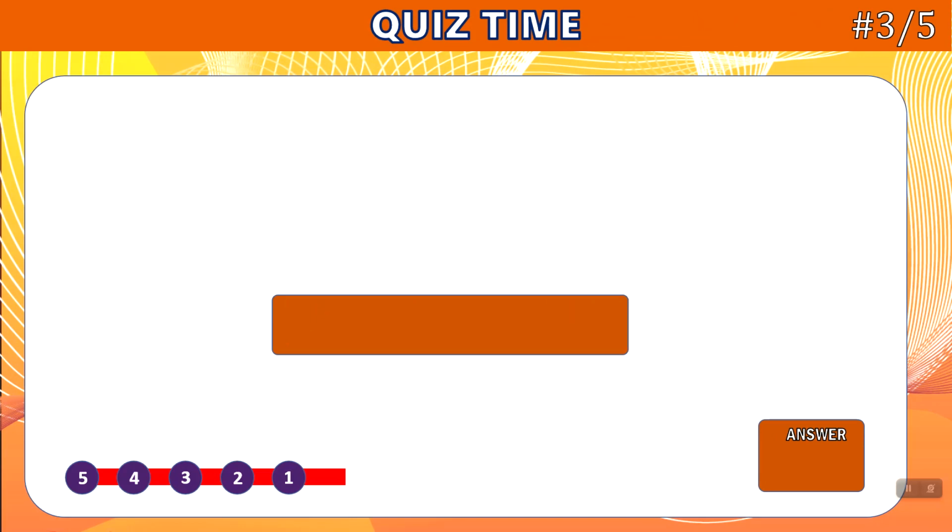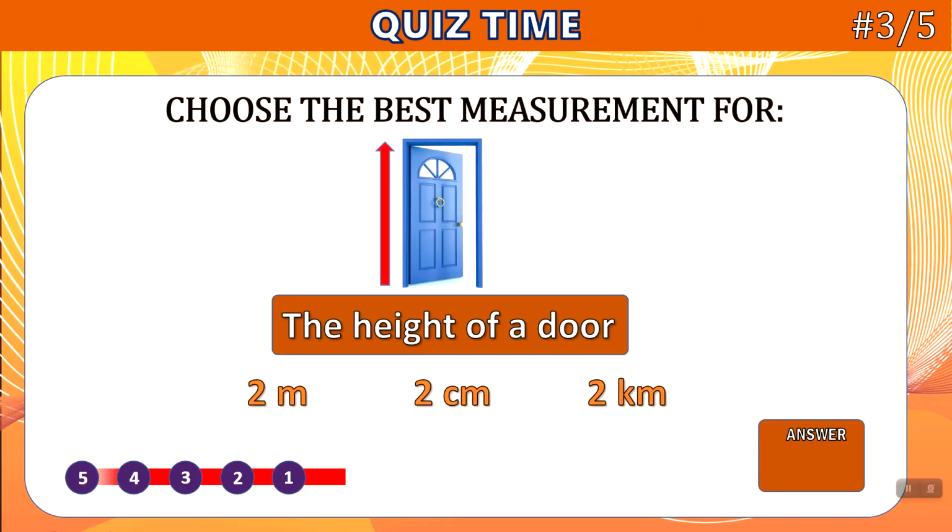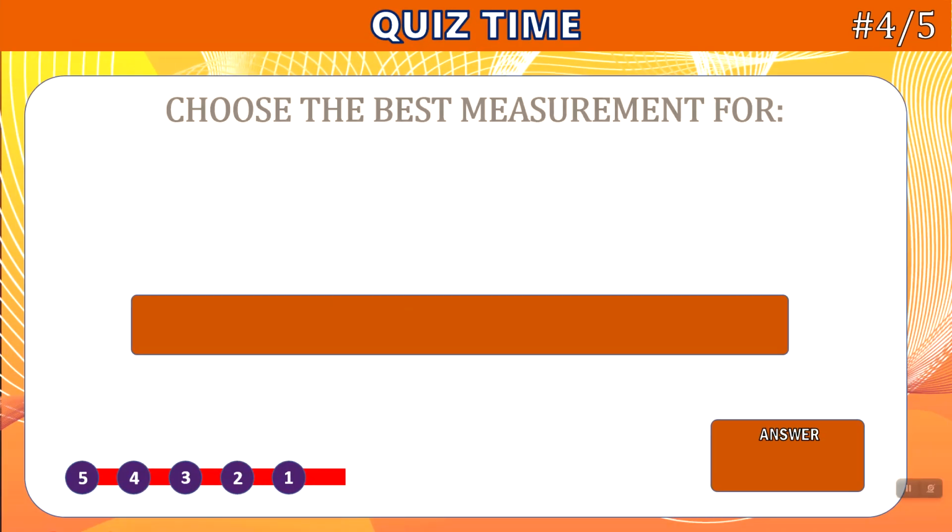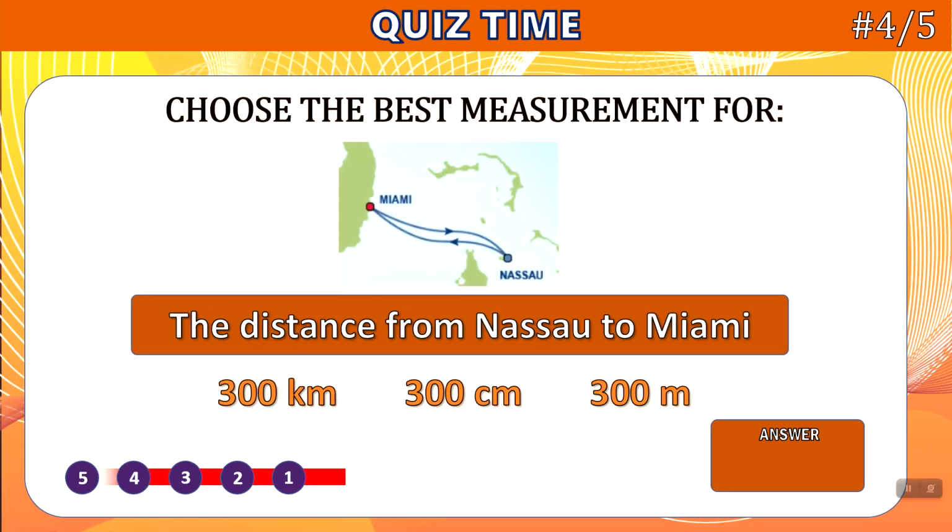Number 3. Choose the best measurement for the height of a door. Time's up. The best answer is 2 meters. Question 4. Choose the best measurement for the distance from Nassau to Miami. I'm sure you figured out this is 300 kilometers.